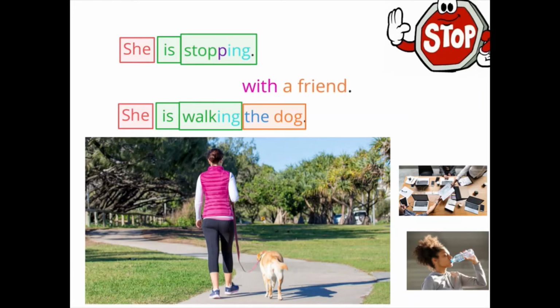The leash is this thing right here. Can you see that? That's holding on to the dog. So she is walking the dog. If there were another person here, then we could say she is walking with a friend. But you can also just say she is walking, period.